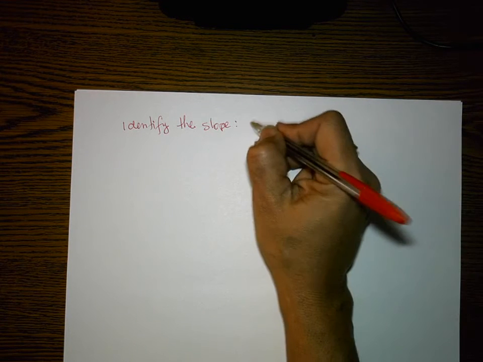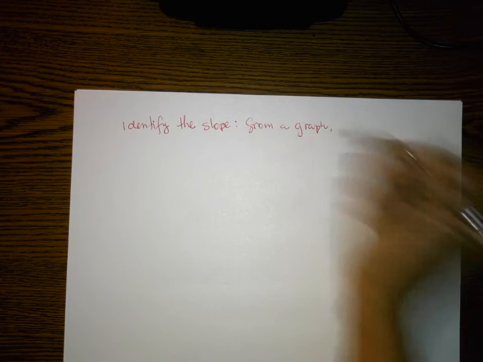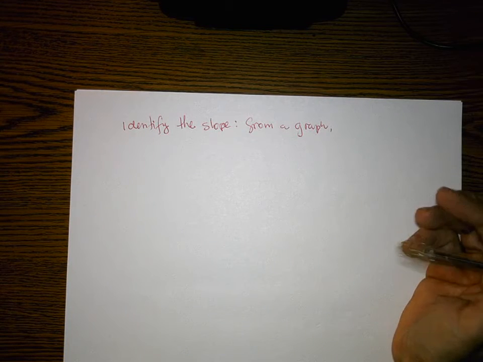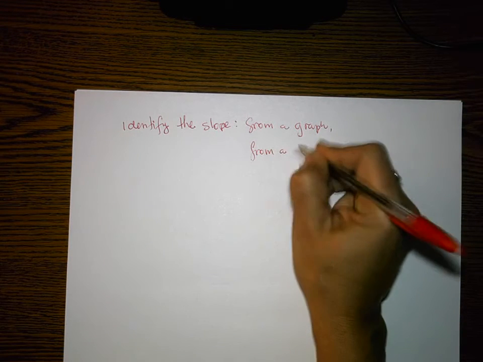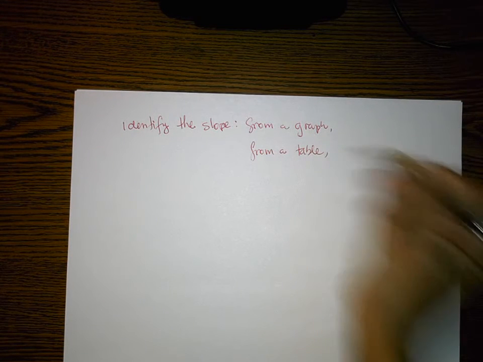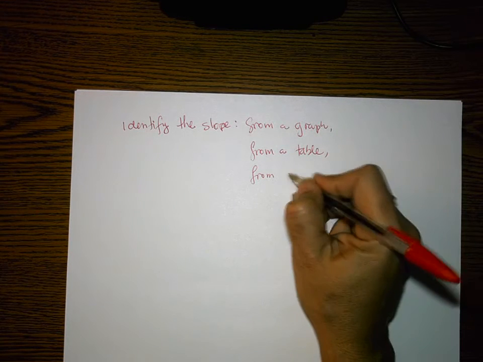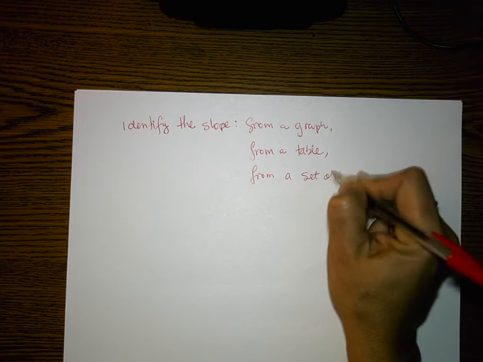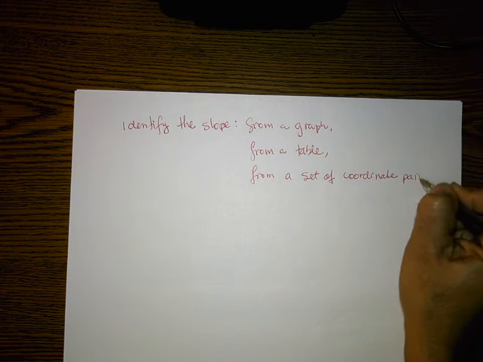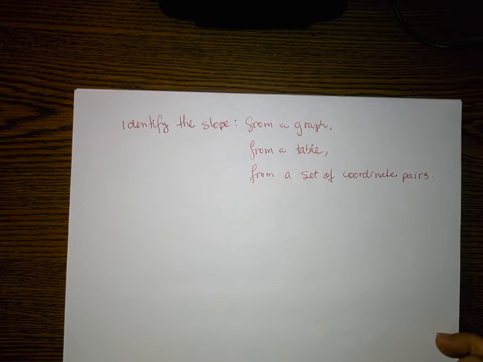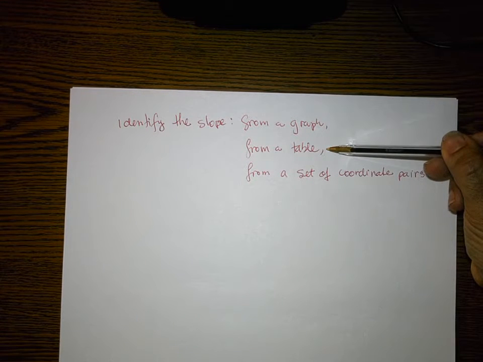We're going to identify it from a graph, from a table, and from a set of coordinate pairs. From a table is usually the student's favorite way of identifying the slope.